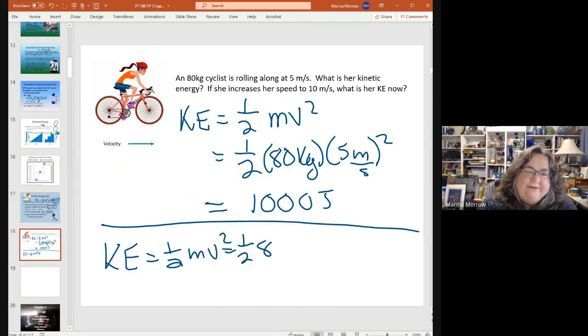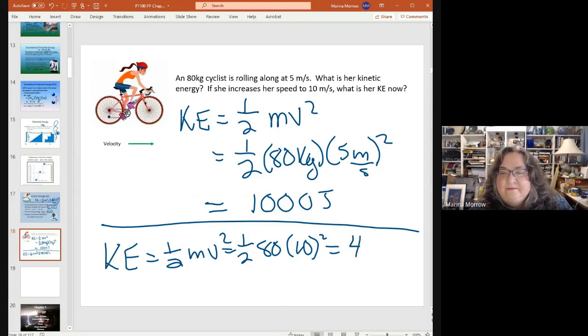We have half of 80, but now we've got 10 squared. And so her energy is going to turn out to be 4,000 joules. Now, her speed doubled, but her energy is 4 times as much.